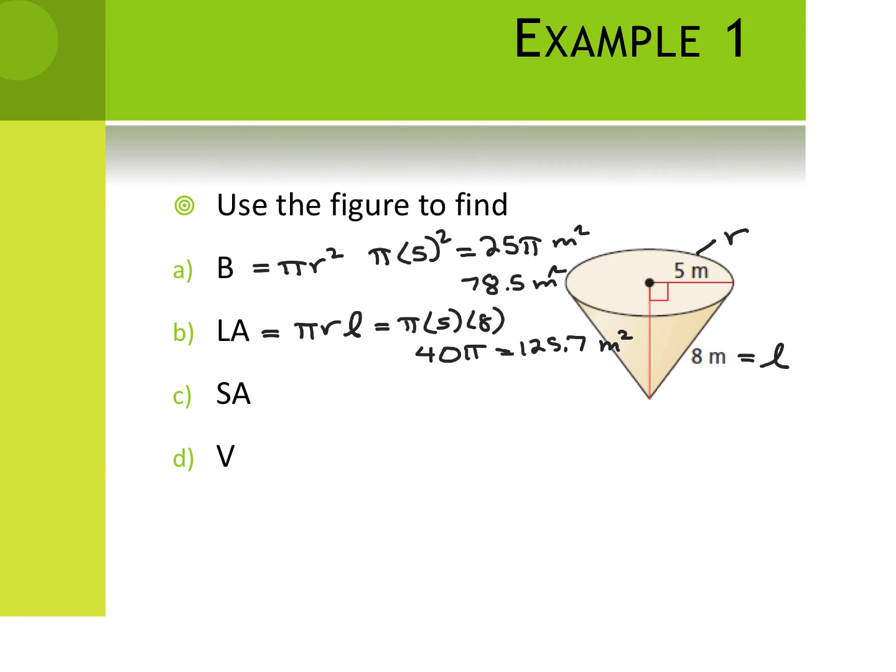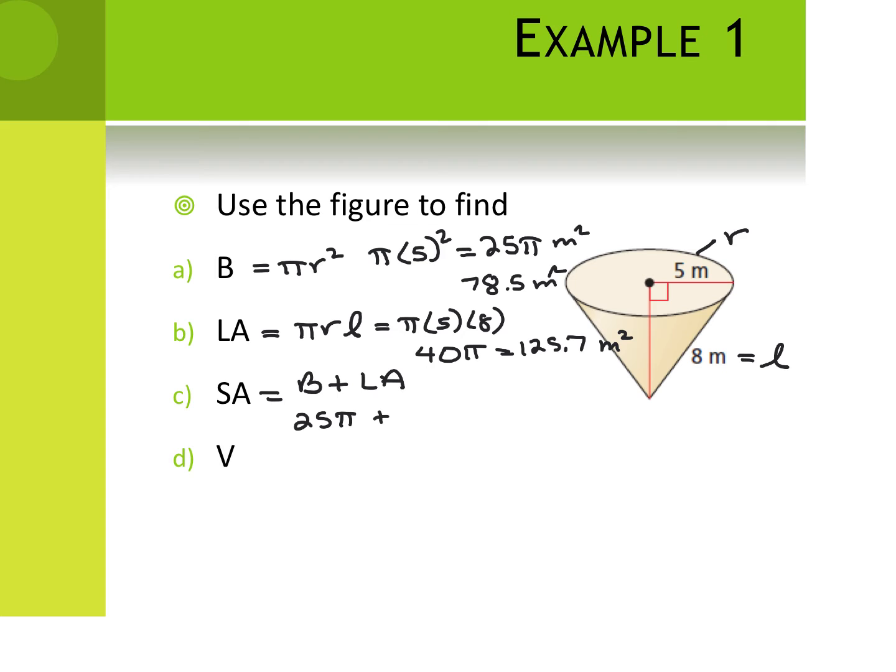For the total surface area, so if you get a question where it says find total area or surface area, the SA stands for surface area. We're going to find the area of the base and add it to the lateral area. And that's what I just calculated in A and B. So again, my base shape is a circle, and that area was 25 pi.